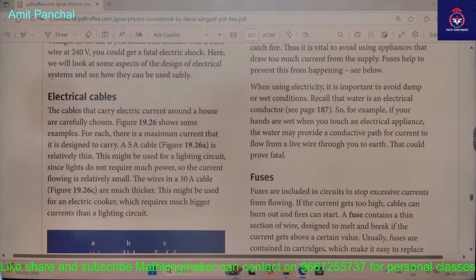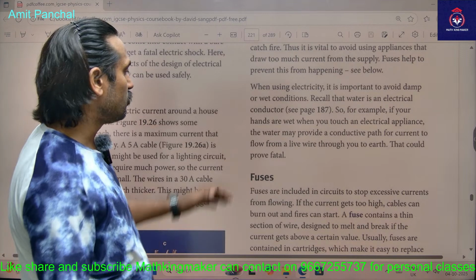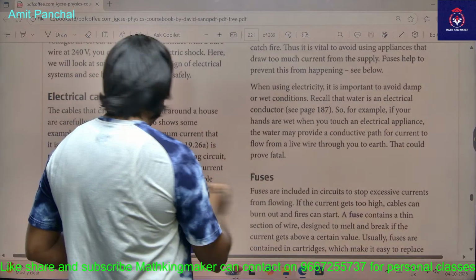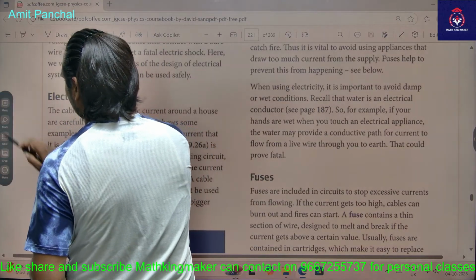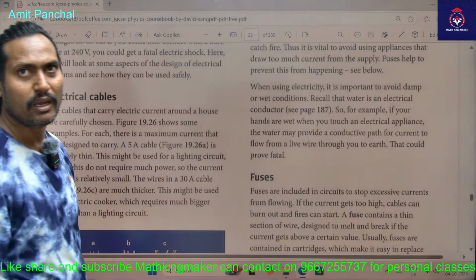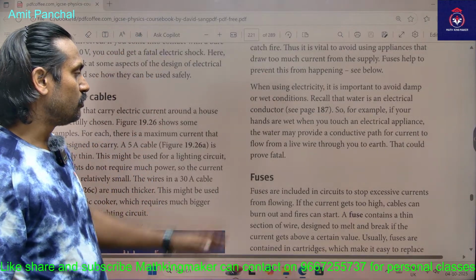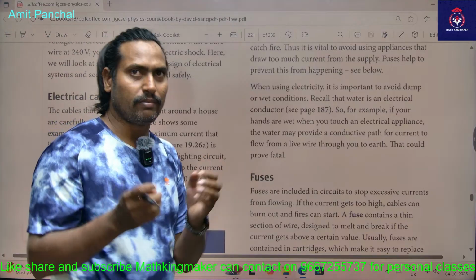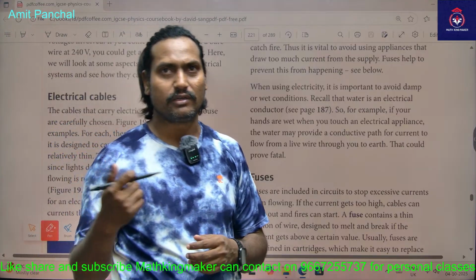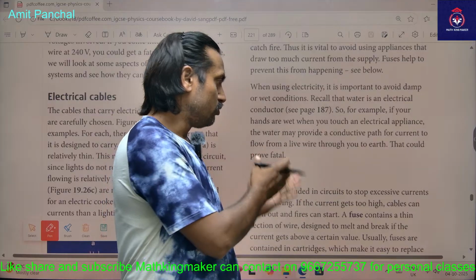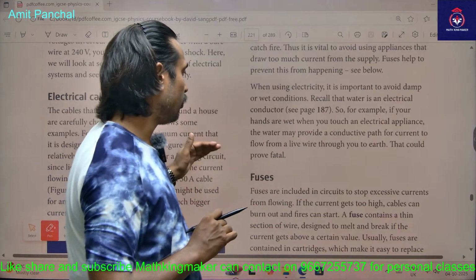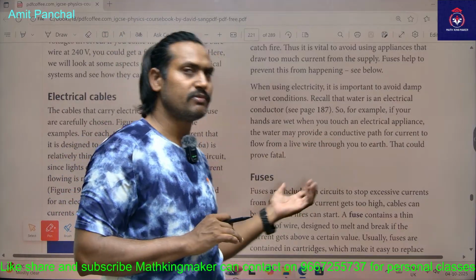So basically the fuse is connected with the live wire. If excessive current is drawn by the appliances... basically if your circuit is drawing 5 amps current, we will use a 5 amps fuse. If it is drawing 10 amps, we'll use a 10 amps fuse.